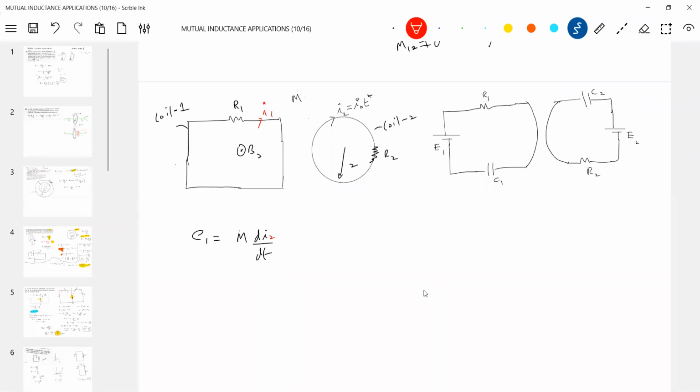So the total EMF induced in coil 1 is L1 di1 by dt plus M di2 by dt. The first term is the EMF induced due to self-inductance, and the second is the EMF induced due to mutual inductance.